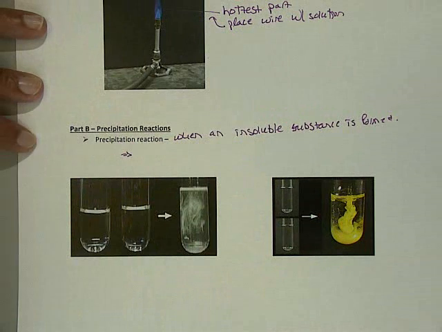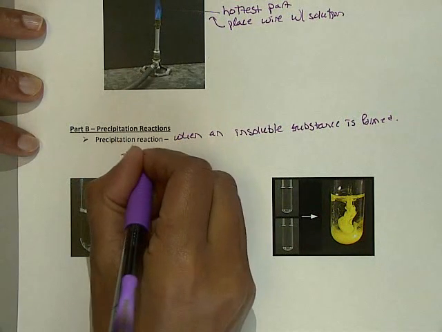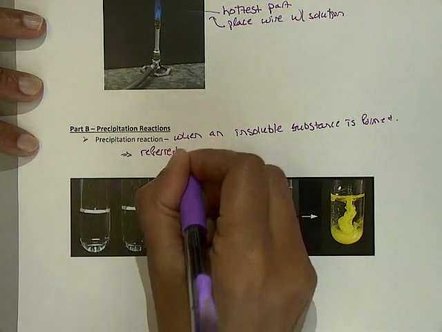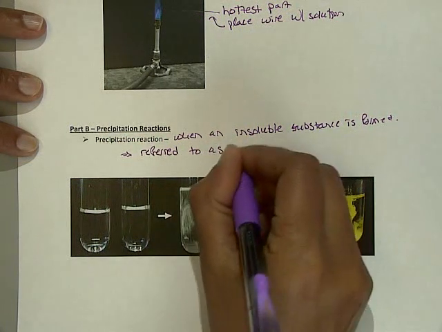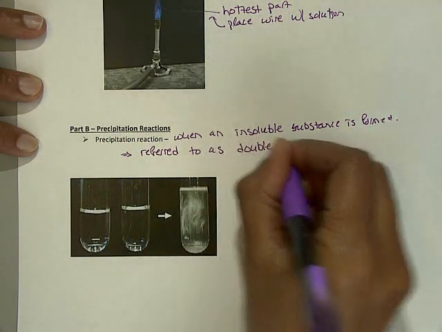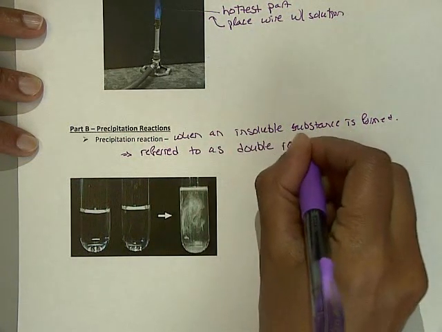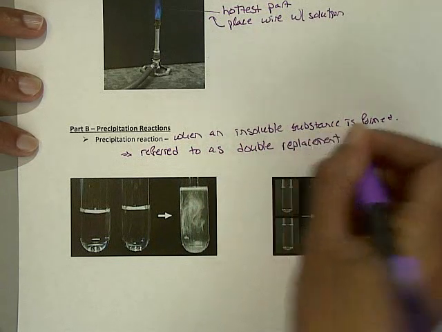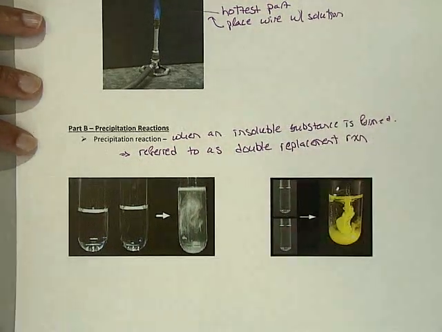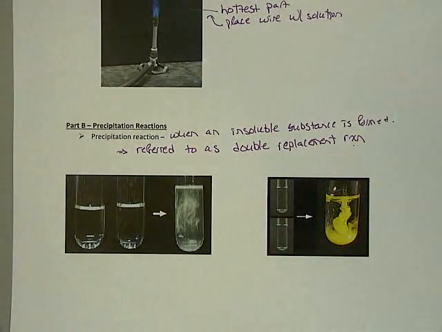For future reference, precipitation reactions are referred to as double replacement reactions. Keep this in mind for the future because we are going to be talking about different types of reactions. So RXN is an abbreviation for a reaction.